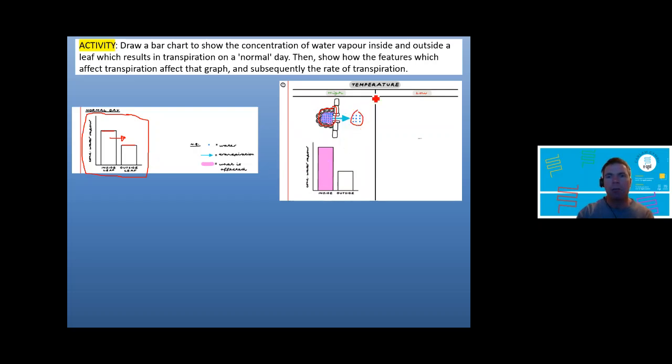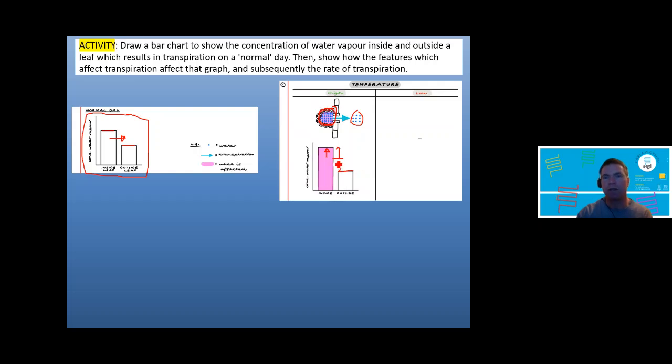But what happens when you increase the temperature is that you increase the evaporation that takes place inside the leaf, and consequently you can end up with a higher concentration of water vapor molecules inside the leaf. So we've increased the number of water vapor molecules inside the leaf. Outside the leaf hasn't changed. Okay, that stayed the same. But what we now have here is a bigger difference between inside the leaf and outside the leaf.